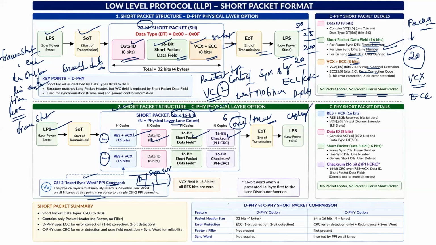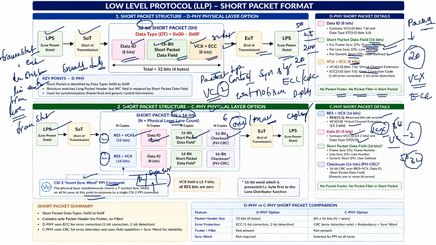So that is the short packet method. Anything else we are missing here? In the short packet method, there are ECX reserved bits, and then VCX 2 bits, 3 bits. VCX is the virtual channel extension, which is 3 bits, and then the virtual channel is 2 bits, total 5 bits. That means it will support 32 combinations. Data identifiers, you know that, like RGB data, all these things.